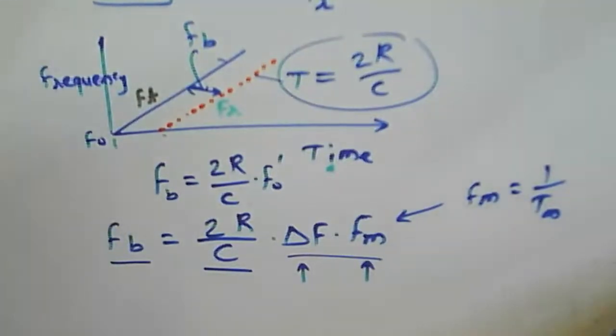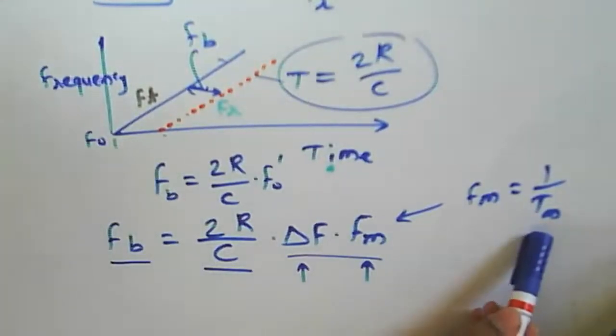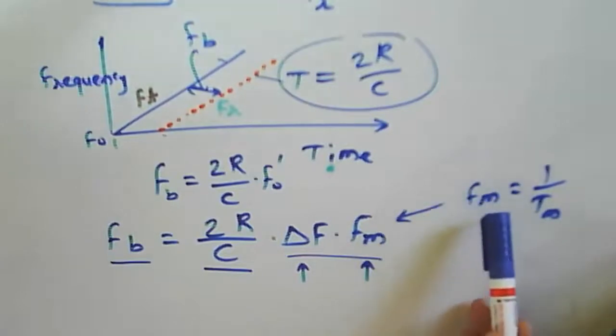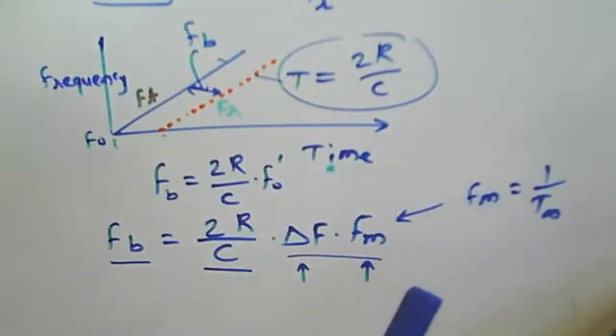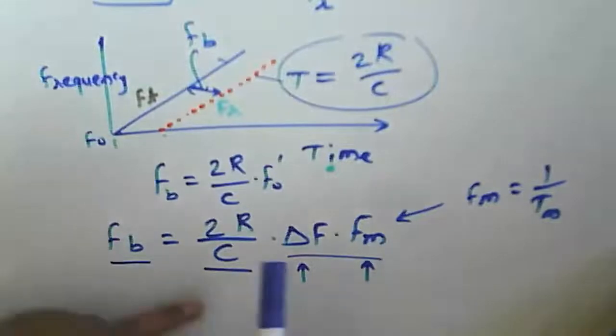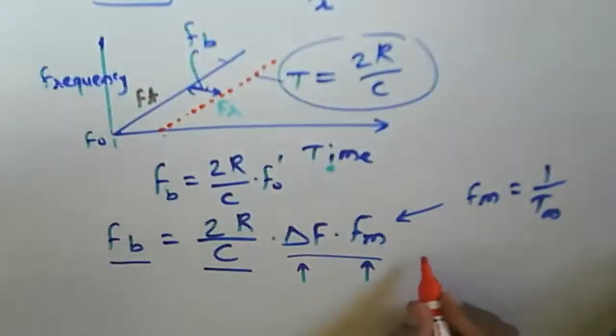If you consider that the modulation waveform is a sawtooth waveform of period Tm, and its modulating frequency is Fm, then the beat frequency equation for the sawtooth will be this one. This one will work for the sawtooth.